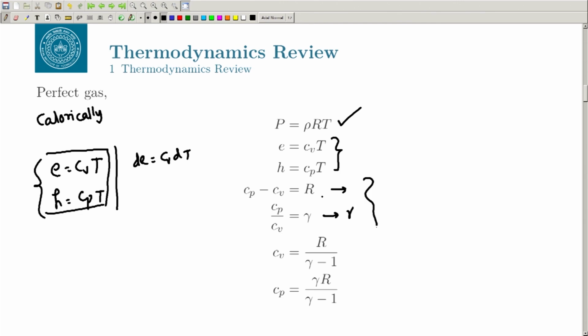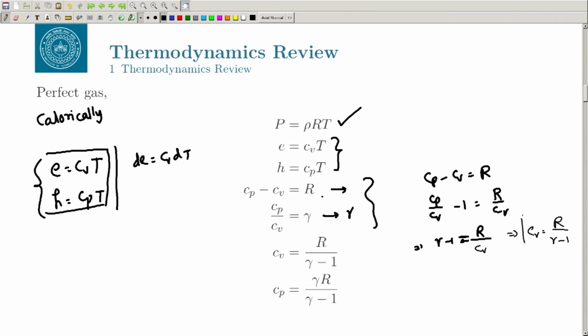And if you use these two relations, let us say Cp minus Cv equal to R. So, divide both sides by Cv. This is Cp by Cv minus 1 equal to R by Cv. So, gamma minus 1 equals R by Cv, and that is basically Cv equal to R by gamma minus 1.